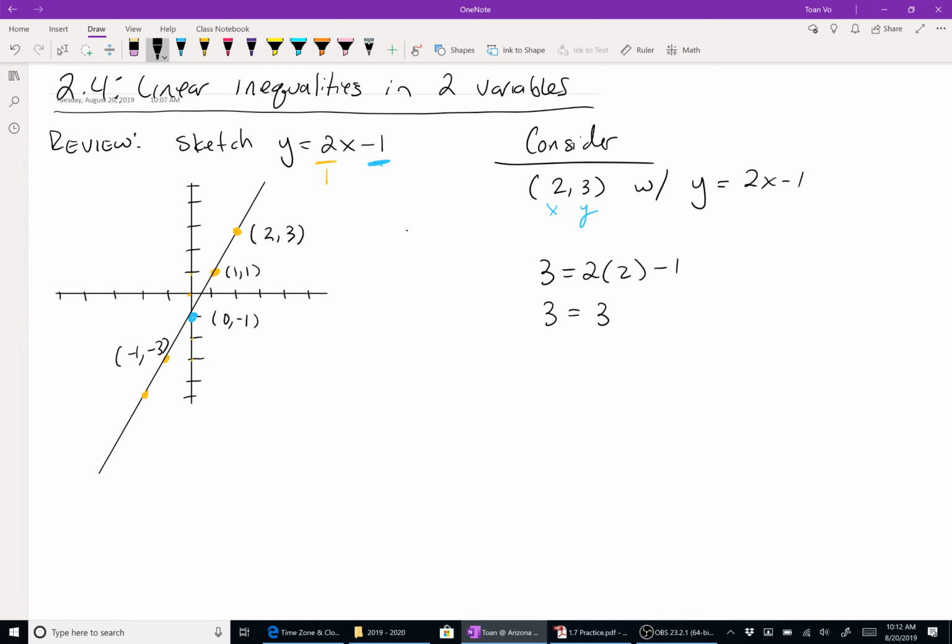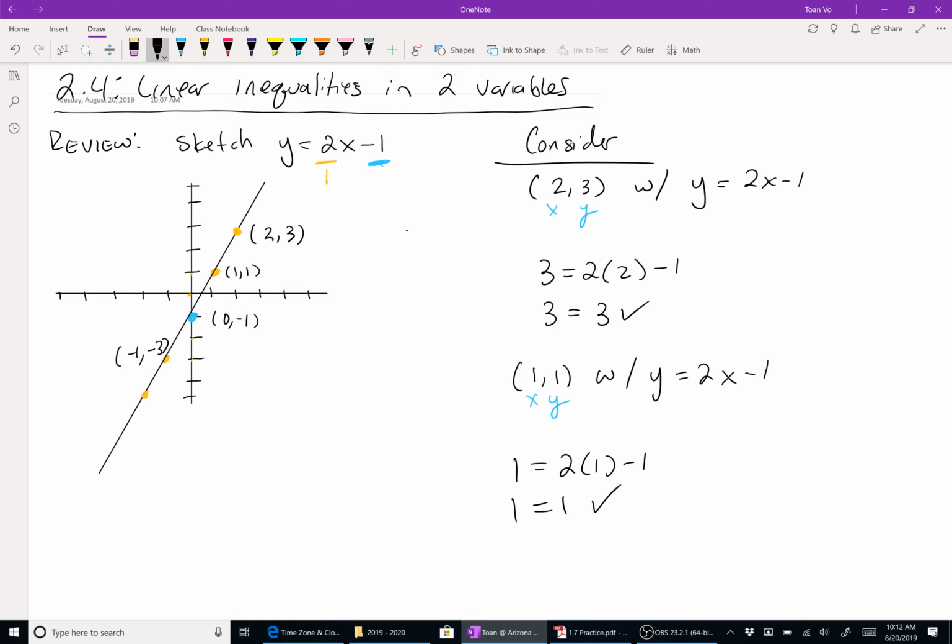If I consider another random point, let's say 1, 1, with the equation y equals 2x minus 1, x is 1, y is 1. So 1 equals 2 times 1 minus 1, and we simplify to 1 equals 1, which is a true statement. Just for fun, let's do one more: -1 and -3.